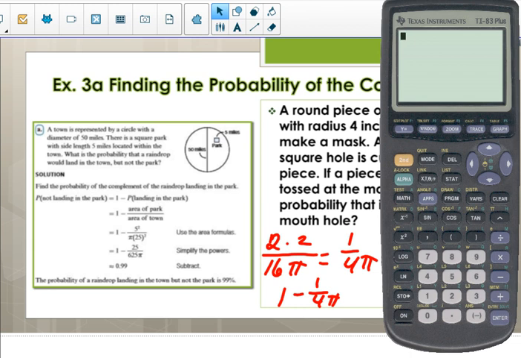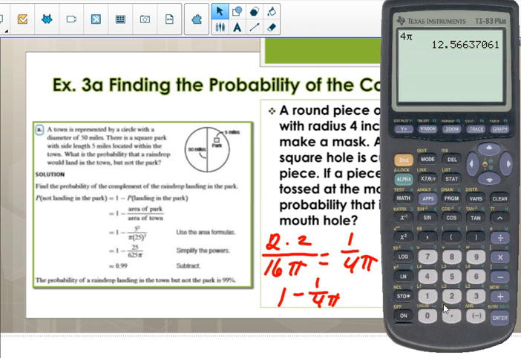So I'm going to take 4 times pi, find that, so that's 12.56.